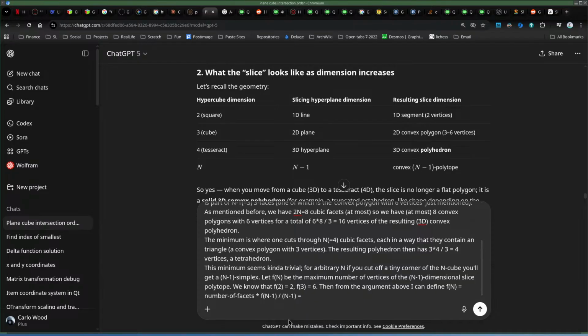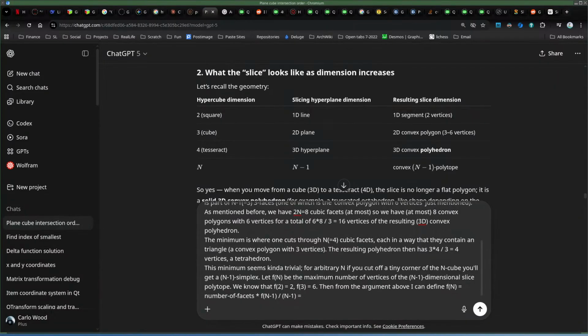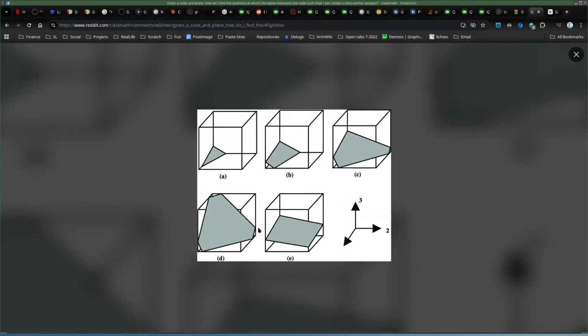For example, in the three-dimensional case, number of facets is 6, number of outsides, and the maximum number of vertices in one dimension less is 2. That is the 1, 2 on one side, or everywhere here as well. Bottom side, left side.